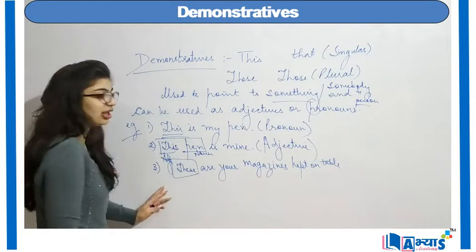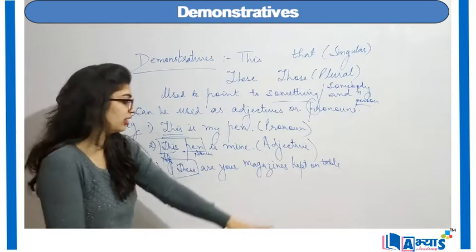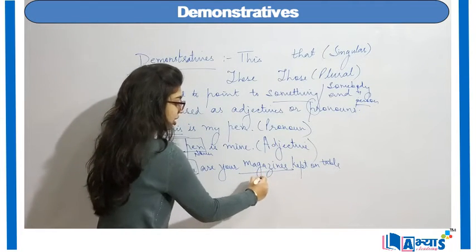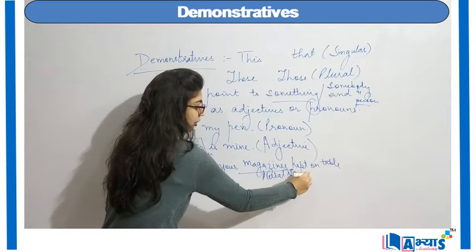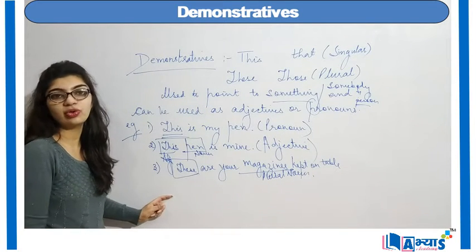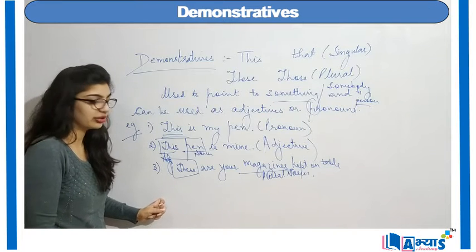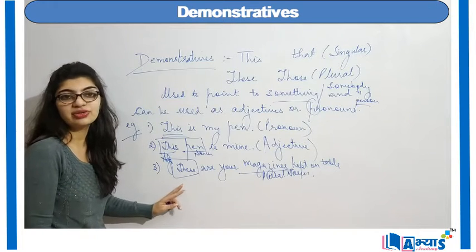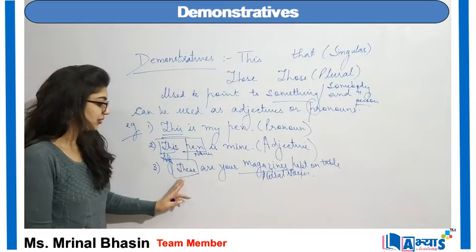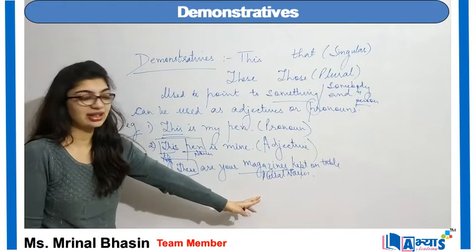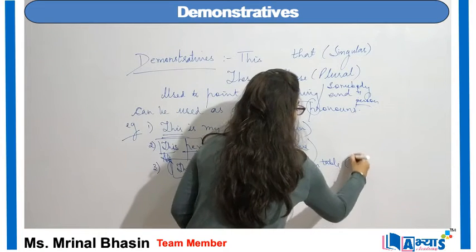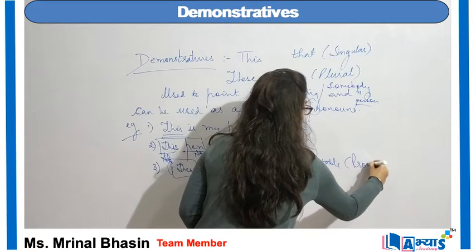Again, these over here is pointing to the magazines, because here I am using a plural noun. Therefore, my pronoun over here will also be plural, right? Here I am making use of the demonstrative these, and because it is pointing to the magazines, therefore it will act as a pronoun.